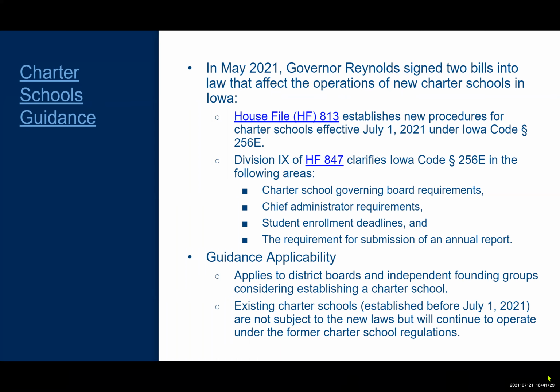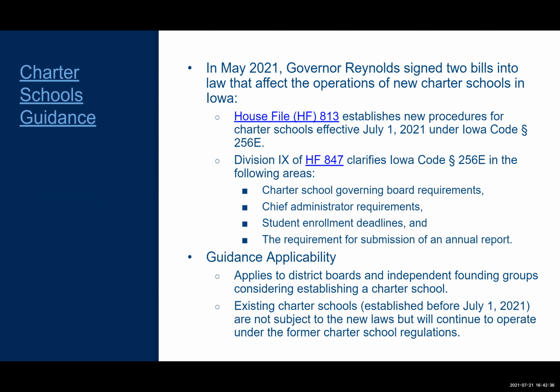Each bill is live linked on the slide, as is our guidance on the left-hand side of the slide. 813 contains the establishment of Iowa Code 256E, and 847 clarifies items in 813, such as who can serve as a chief administrator, student enrollment deadlines, governing board requirements, and so on.